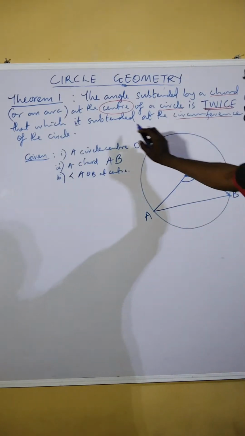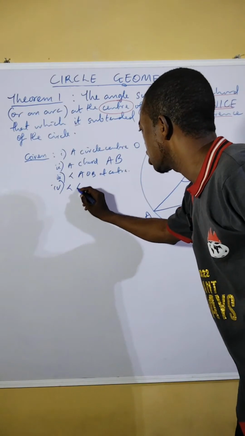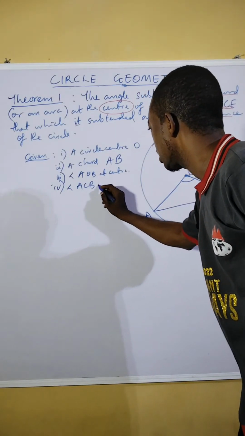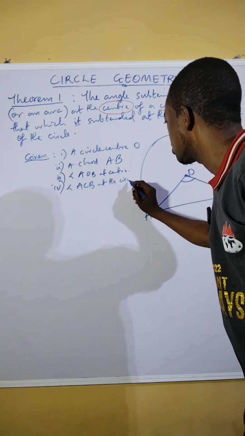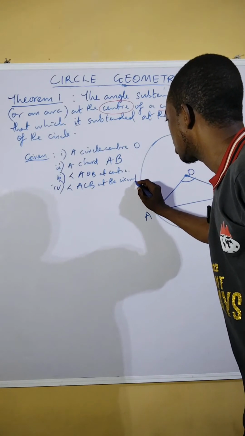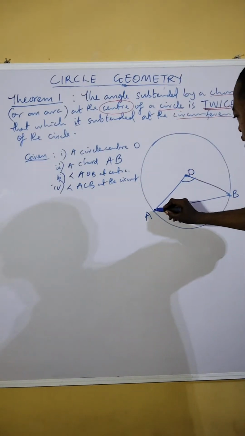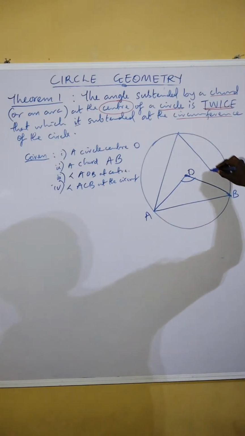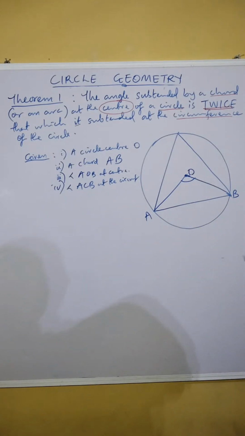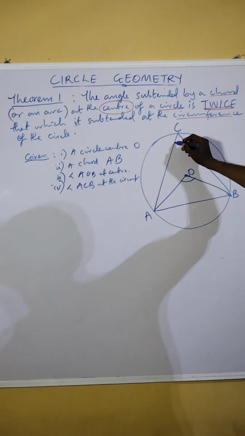Also, we have the angle at the circumference. So we can say we have angle ACB at the circumference. So here we are going to have this angle at this side here. So this is for the first category of the diagram. We have ACB at the circumference.